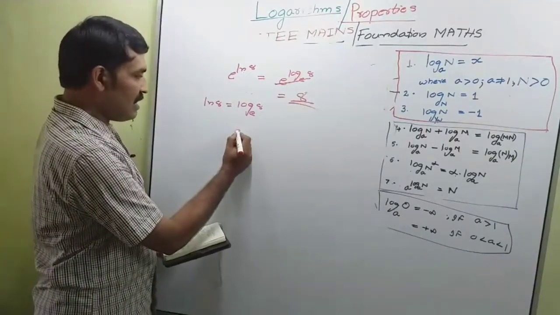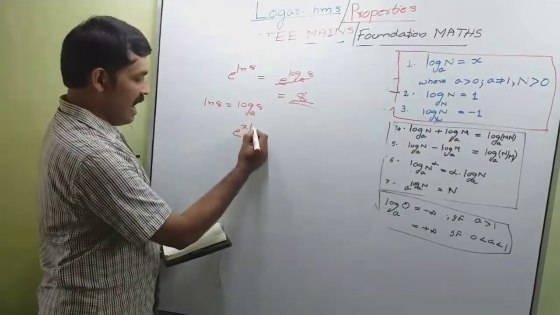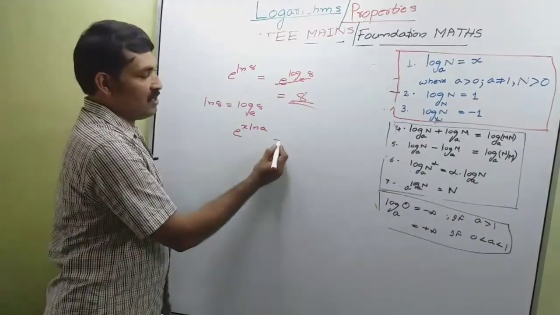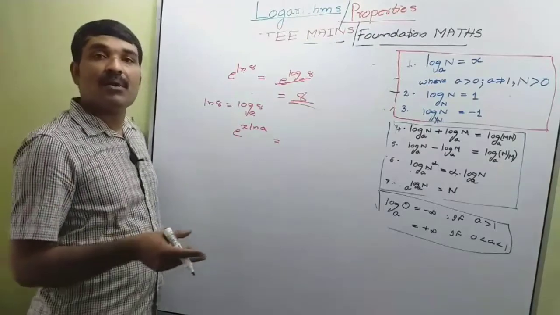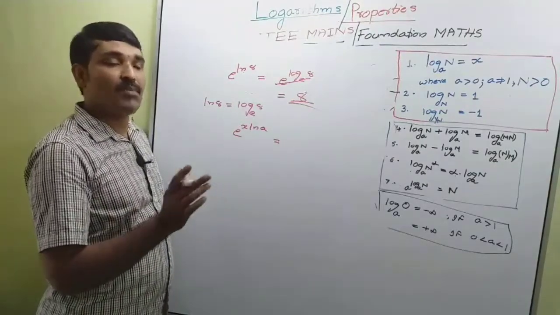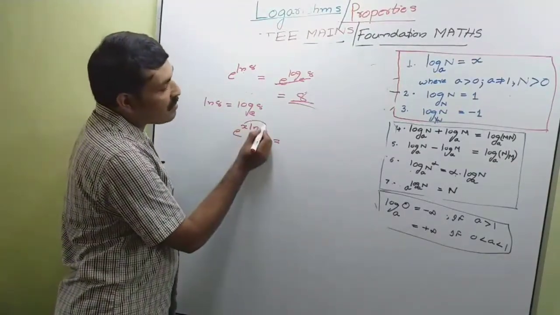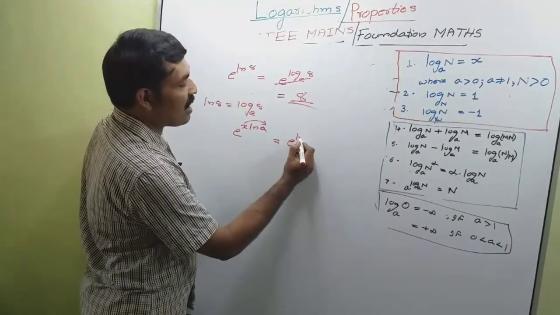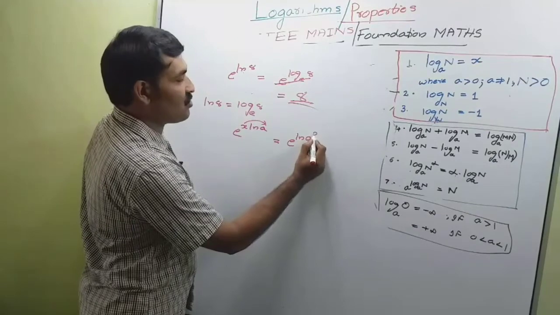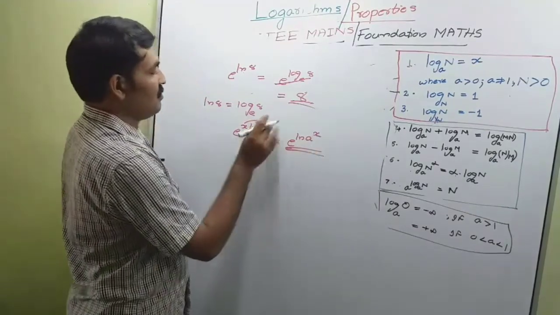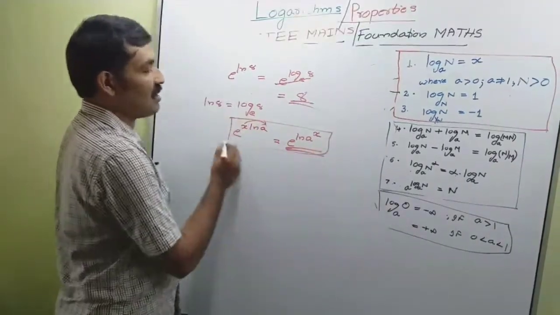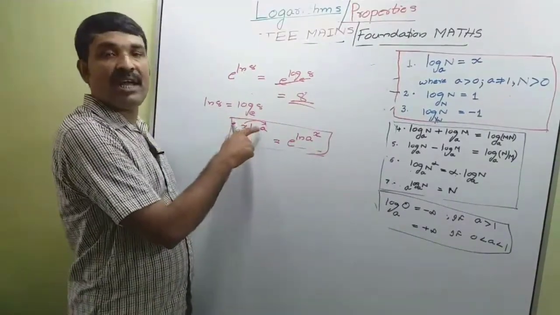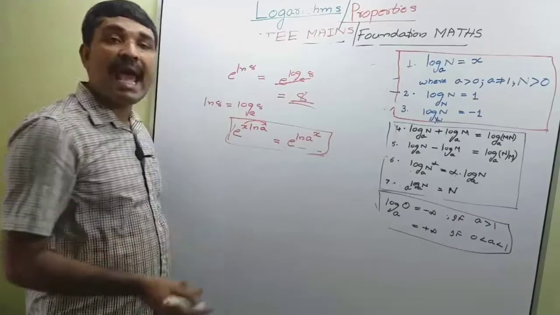Now e raised to x ln a is equal to, this is one of the important properties we are making use of in various problems. Now this x will jump here. So we can write this is equal to e raised to ln a raised to x. Okay, this is a very important identity. That is e raised to x ln a is equal to e raised to ln a raised to x.